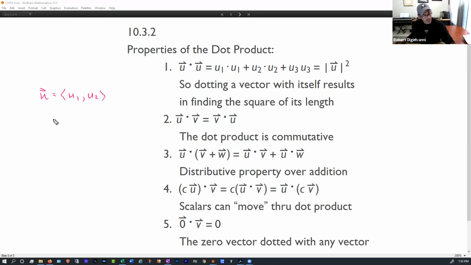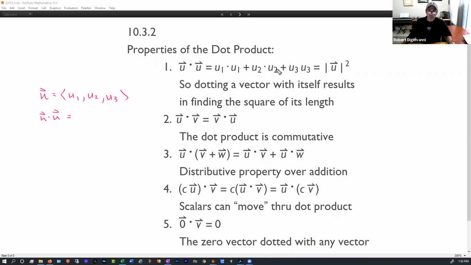If I dot that with itself, sorry, this is three-dimensional. Let me erase that. So if I dot it with itself, you're just going to multiply each component times itself, and then add them up.